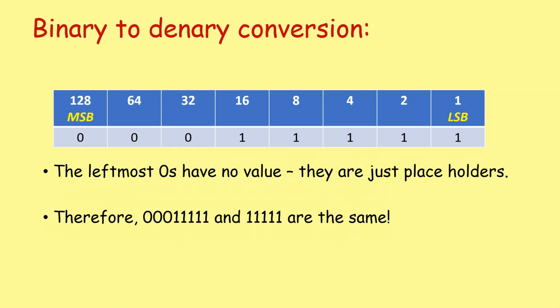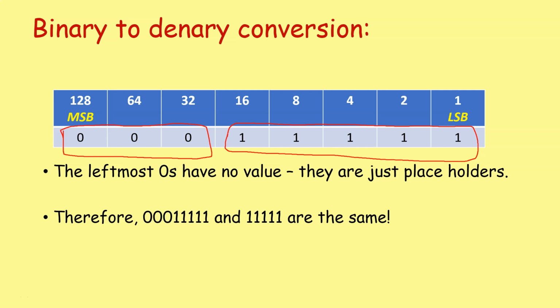If you take a look at this example, the leftmost zeros have no value. These zeros here are just placeholders to make up the full 8 bits. The numbers that have meaning, that have value, are the ones over on this side here. So these leading zeros are not really important.